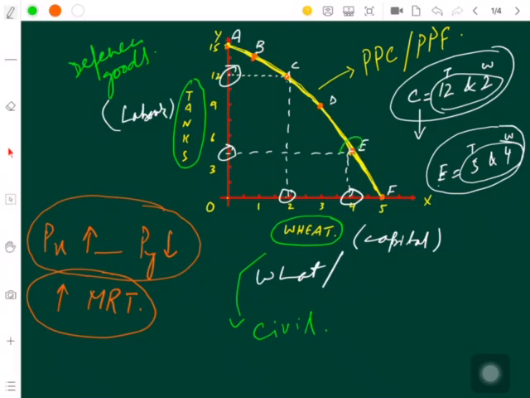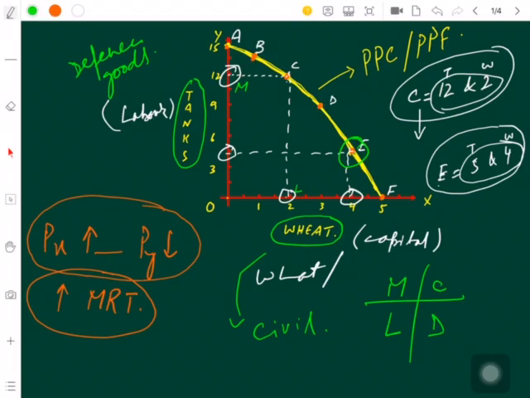In combination E, we have more of civil goods and less of defense goods, while in combination C, we have more of defense goods and less of civil goods. So this is how you can answer all these very questions.